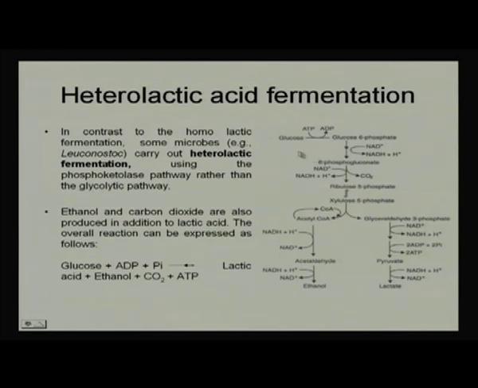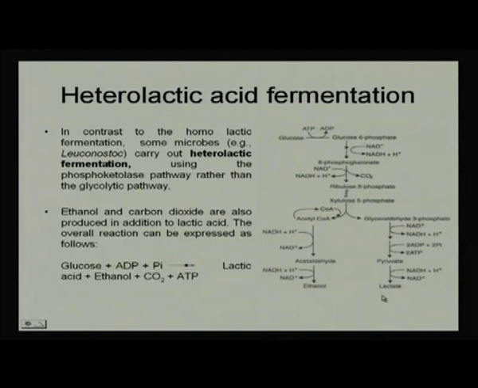Now, here see, glucose is converted to glucose 6-phosphate to PPP pathway, 6-phosphogluconate to ribose 5-phosphate, ribulose 5-phosphate to xylulose 5-phosphate, and one fraction is coming and producing glyceraldehyde 3-phosphate. If you remember PPP pathway, this same pathway is getting followed and ultimately pyruvate is getting converted to lactate.